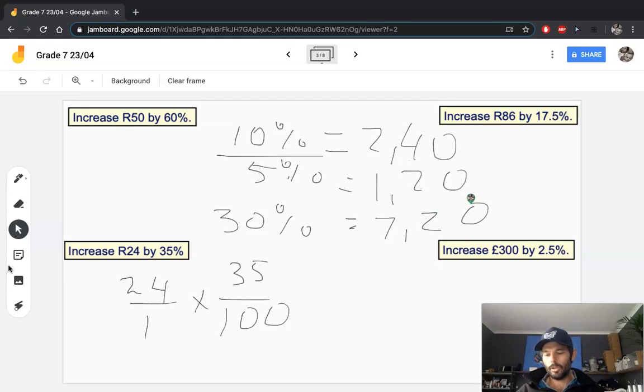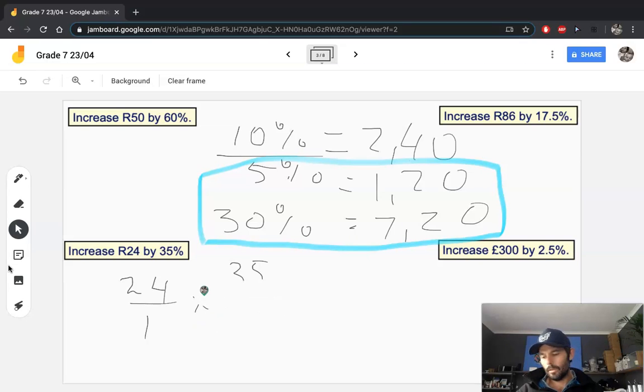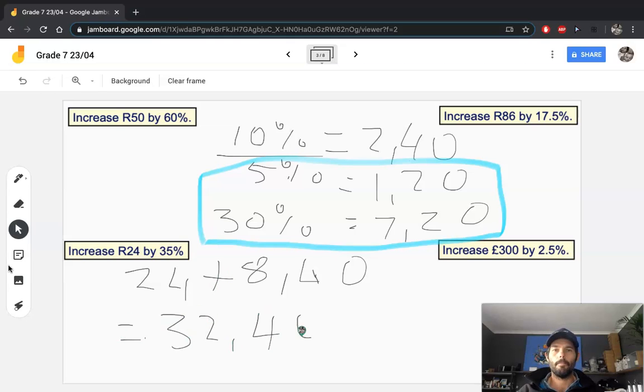Now it's just a case of adding the 30% and the 5% together to get my 35%. If I add those together, I'm going to get 8 Rand 40. But now I need to add that 8 Rand 40 onto 24, and that's going to give me 32 Rand 40.